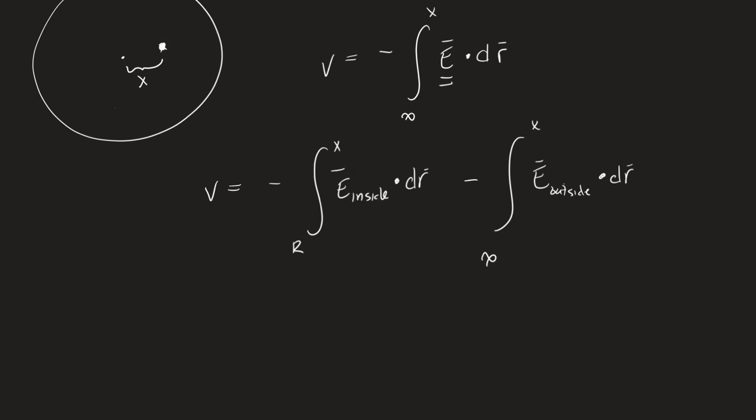One for the expression of the electric field outside the sphere, and one for the expression of the electric field inside the sphere. I'd have to calculate the work done to get to the surface, and then the work done to go inside.